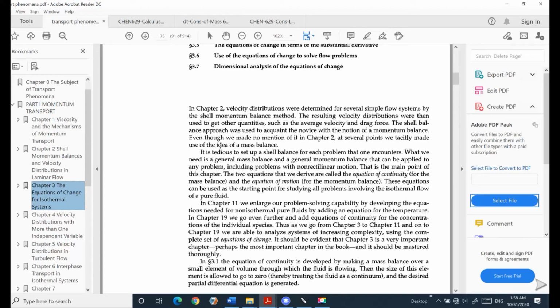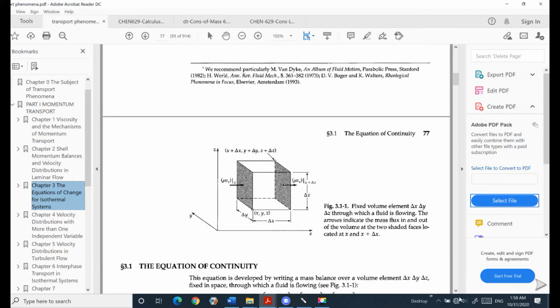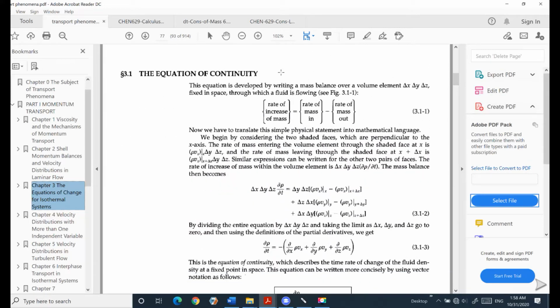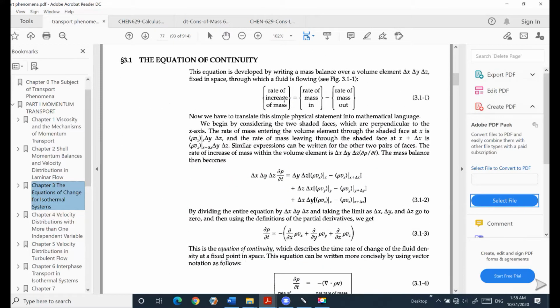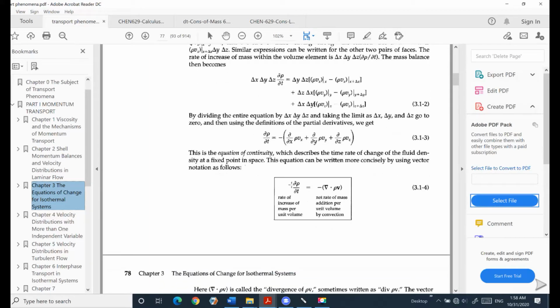In chapter 3, we are just going to start the problem solution, but before that, remember the equation of continuity, which is similar to what we drew before. We obtained that equation. This is the closed form, and this is the open form of the continuity equation.